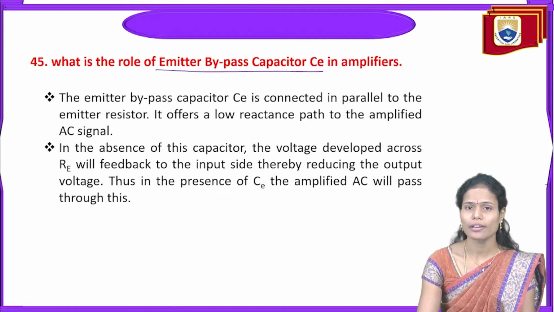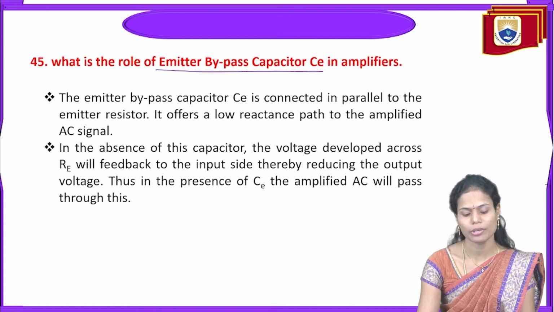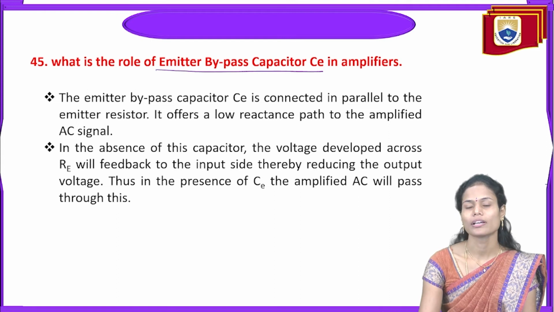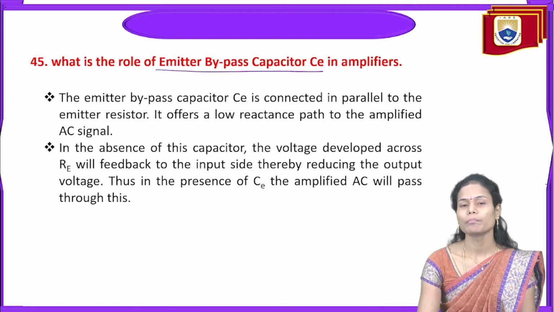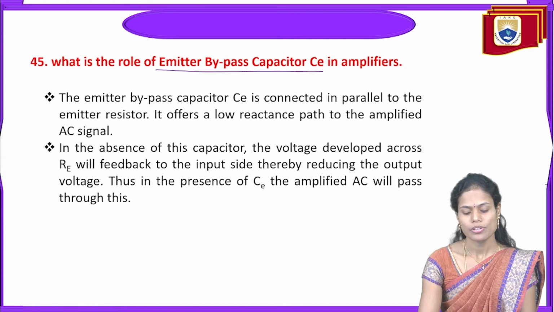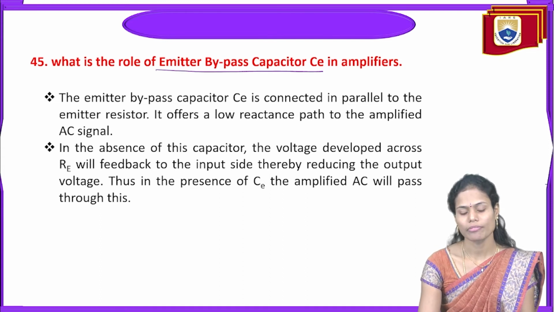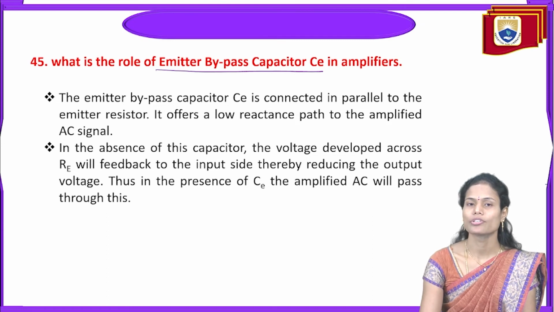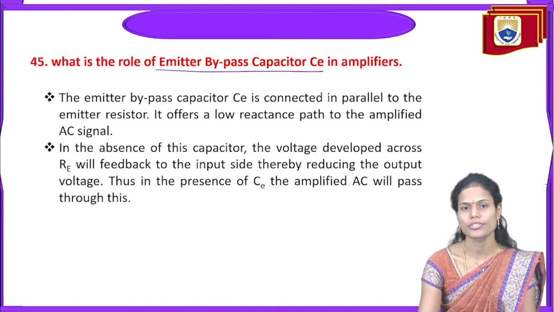Suppose this capacitor Ce is not present, the voltage developed across the emitter resistance will again feed back to the input of the amplifier, so that the output level will be reduced here. The output voltage will be reduced here. So if this is present, the amplified AC signal will pass through this directly without reducing the output voltage or signal.